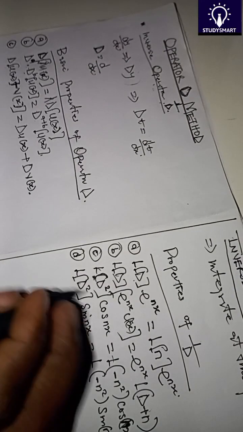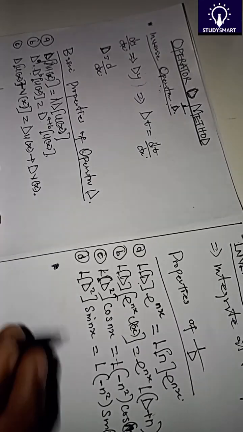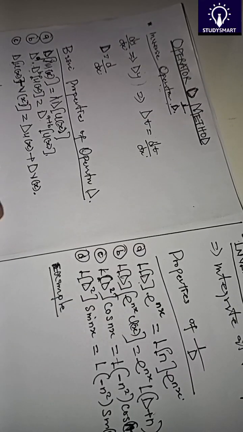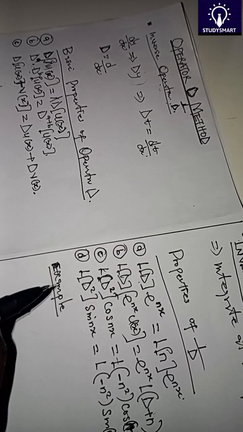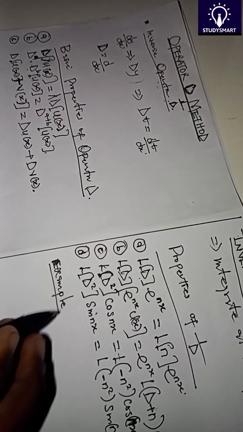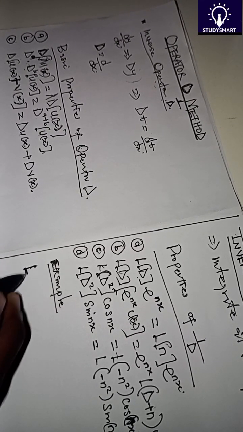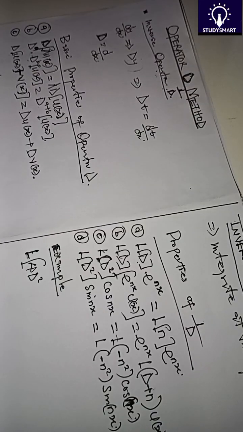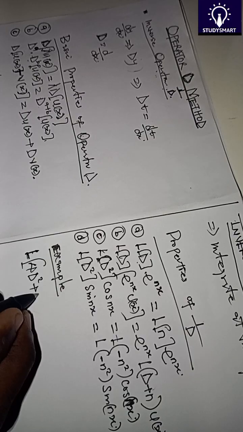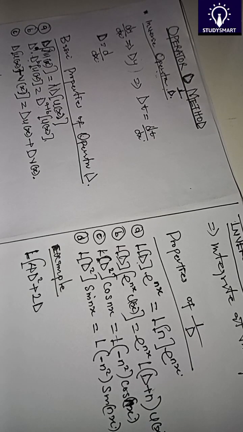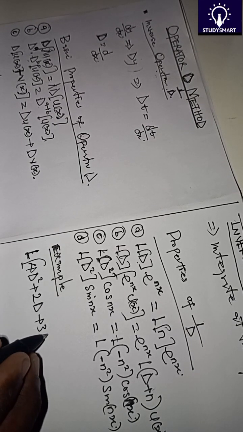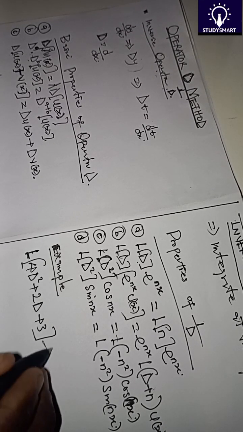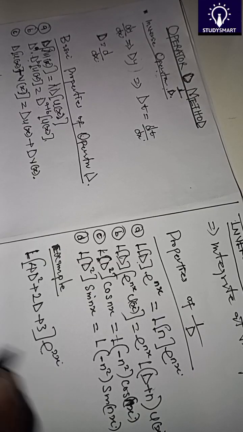So for the first example, if I have L into 4D squared plus 2D, then plus 3, and then I have exponential 2x here.